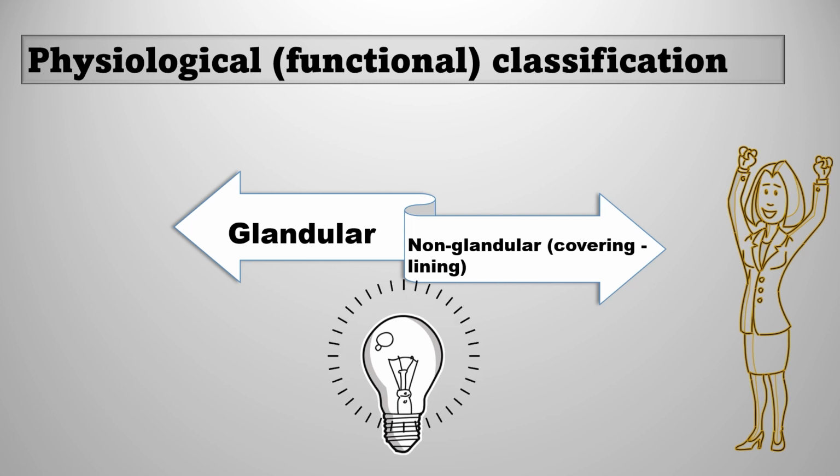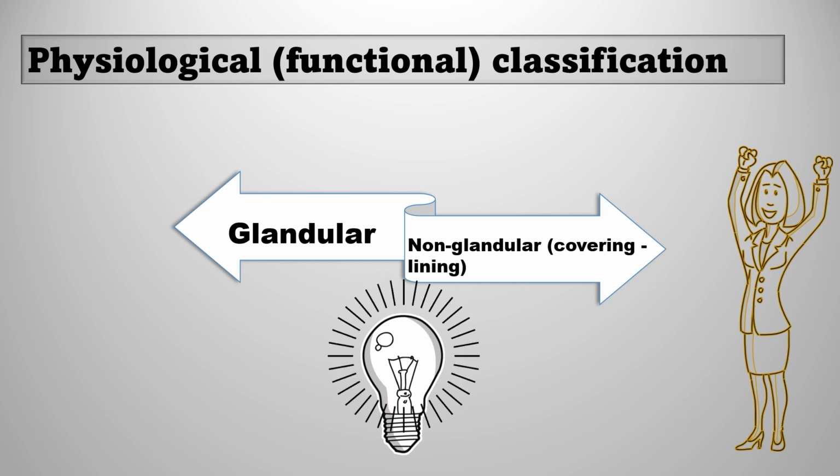I wouldn't like you to get confused. The non-glandular epithelium is what we have already been talking about in the previous structure. It's the simple squamous, the stratified squamous, the simple cuboidal, the stratified cuboidal, the simple columnar, the stratified columnar, and the pseudostratified and transitional. All these eight are called non-glandular or covering lining epithelium.